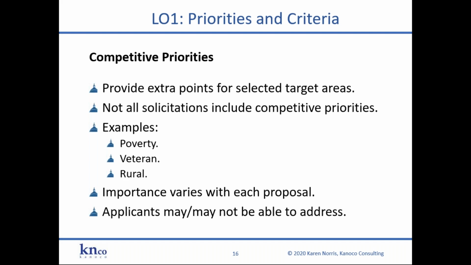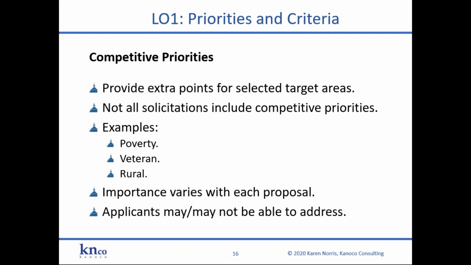Maybe the grant will be scored on 105 points or 110 points, depending on the competitive priorities. Now, not all solicitations will include competitive priorities. Some do, most do not. But if they do, they will be for specific target areas of interest.